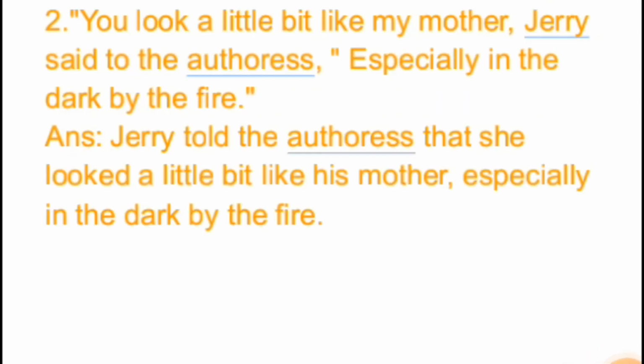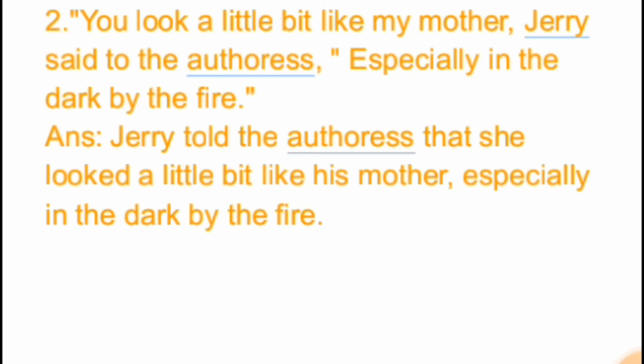Look at the sentence. "You look a little bit like my mother," Jerry said to the authoress, "especially in the dark by the fire." Here we have seen that the reporting verb is placed in between two sentences. So in order to convert it into indirect one, we have to place the reporting verb from the very beginning of the sentence.